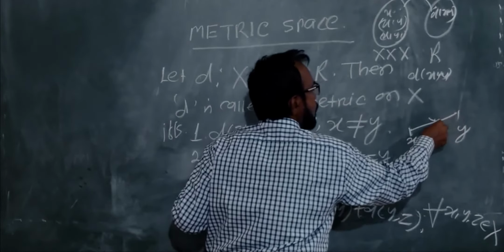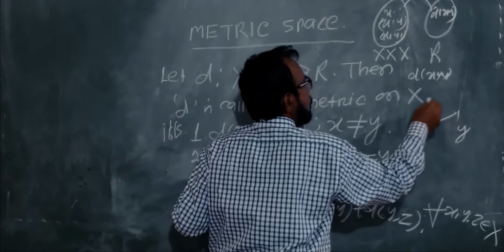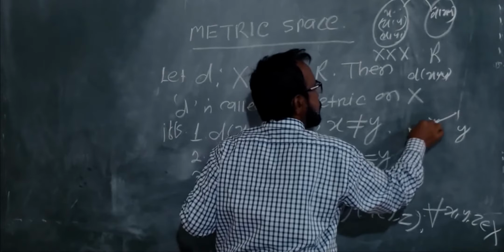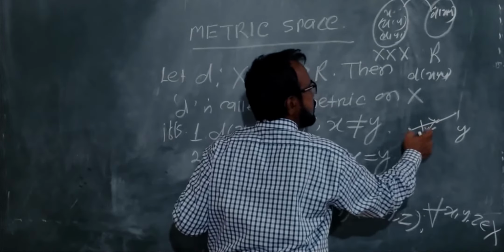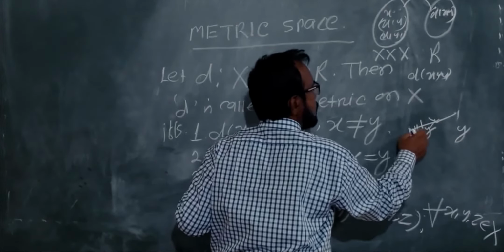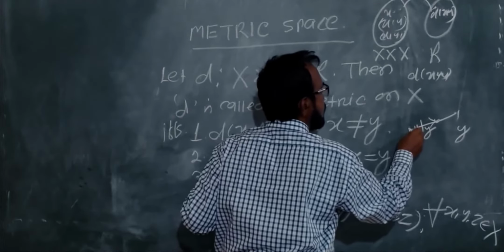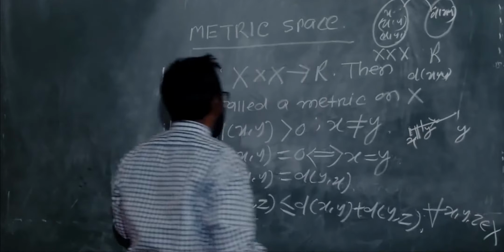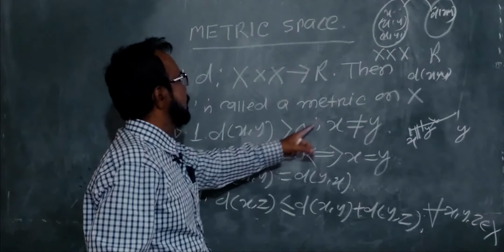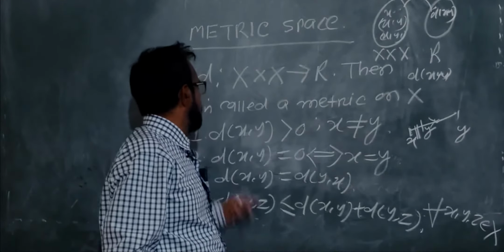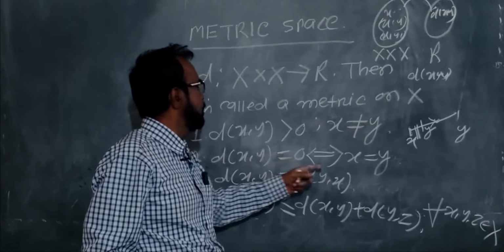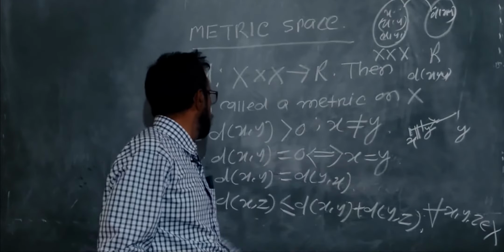At best it is equal to 0 when two points coincide. When y is equal to x, the distance between x and y is equal to 0. So d(x,y) is greater than 0 if x is not equal to y, and d(x,y) is equal to 0 if and only if x is equal to y.